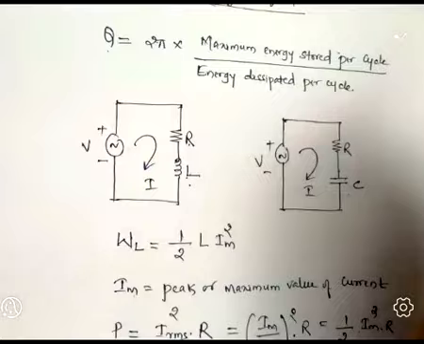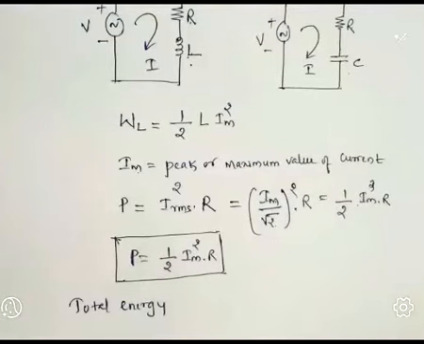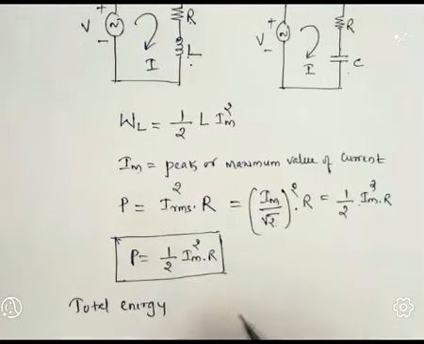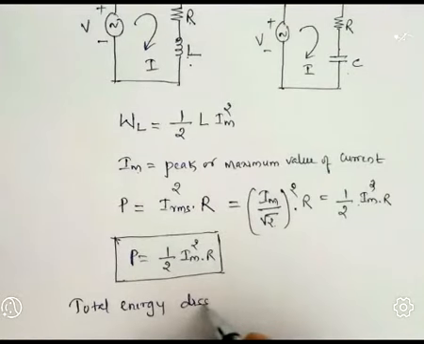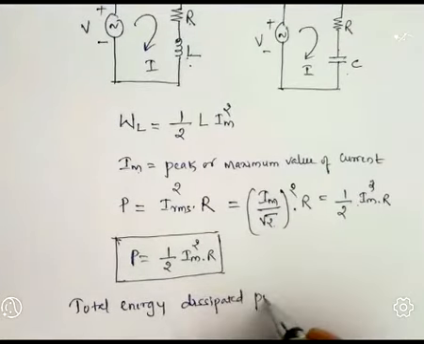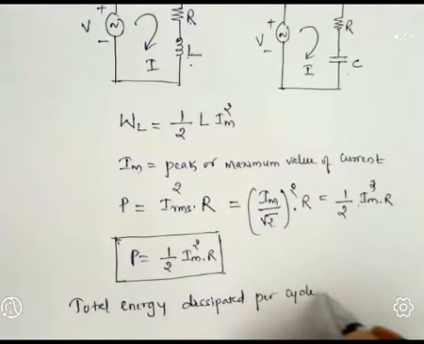So first we have to calculate the maximum energy stored as well as dissipated. So the total energy dissipated per cycle, how to calculate?